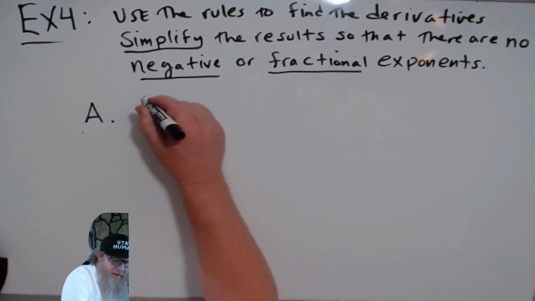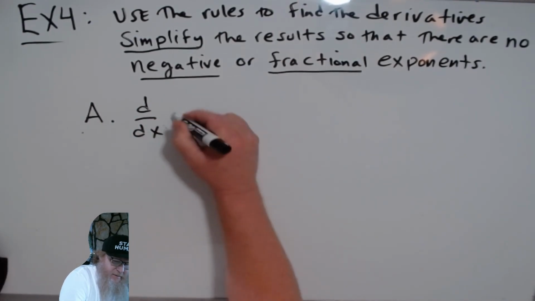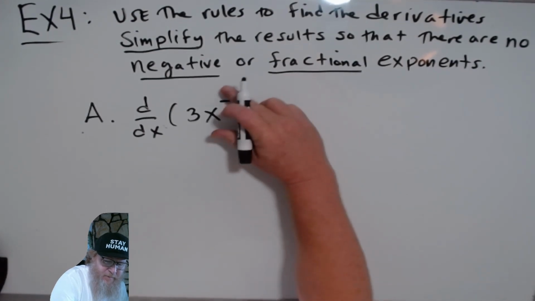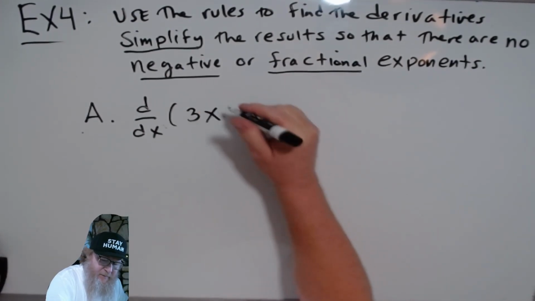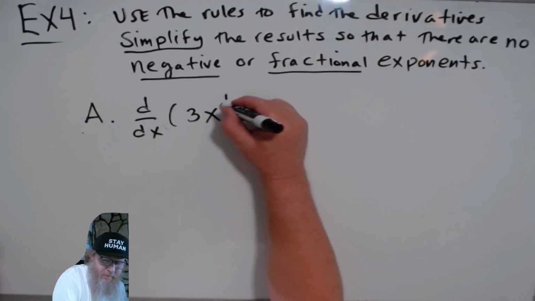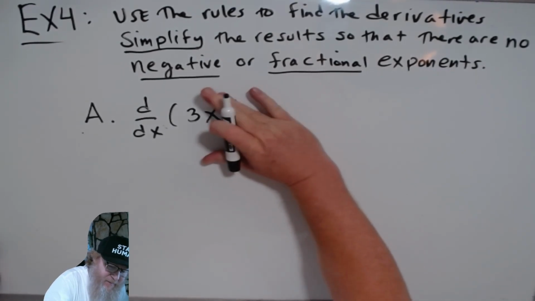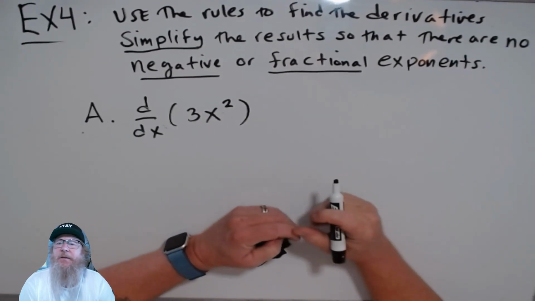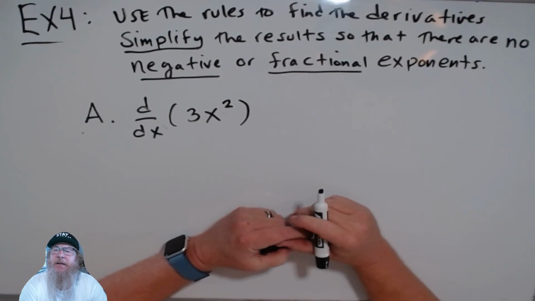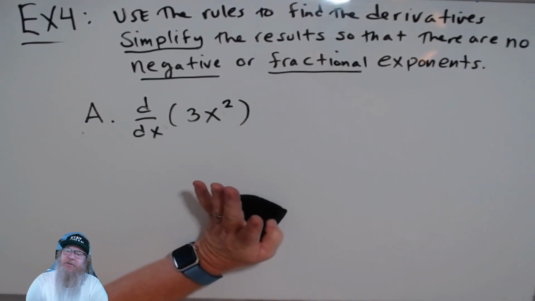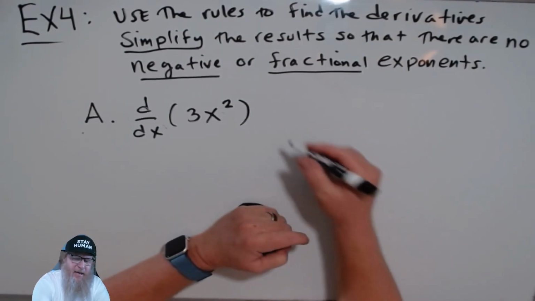Okay, so let's do something like part A. This one doesn't have a fraction. Right, there's no negatives, there's no fractions, so so far so good. I don't have anything to do yet.